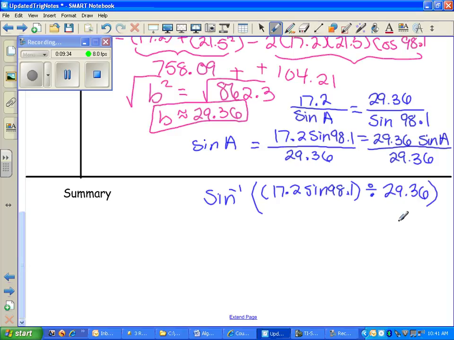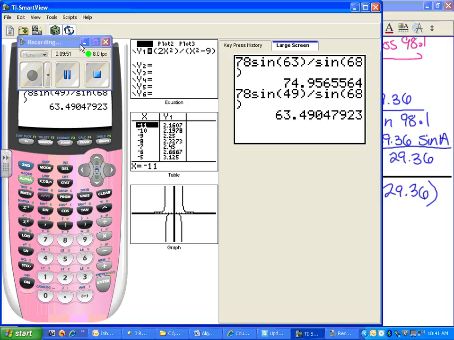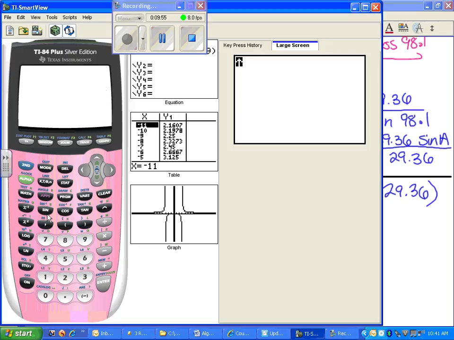I have two sets of parentheses here. I'm going to check if it matters that much in my calculator. So I'm going to hit second sine, and it opened a parenthesis for me.